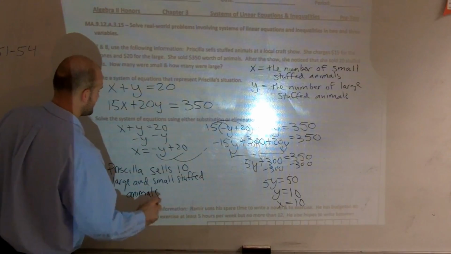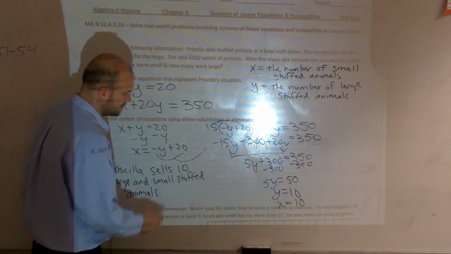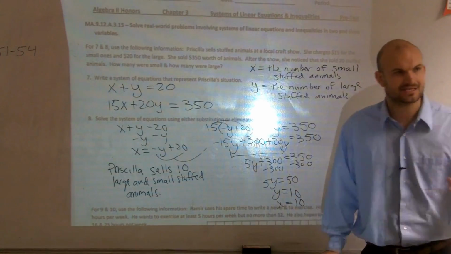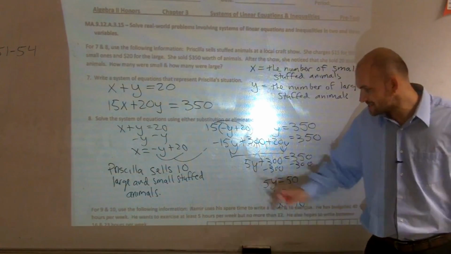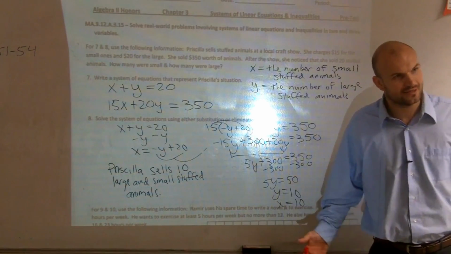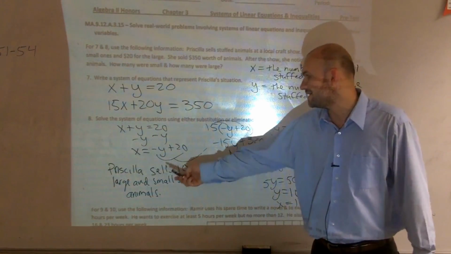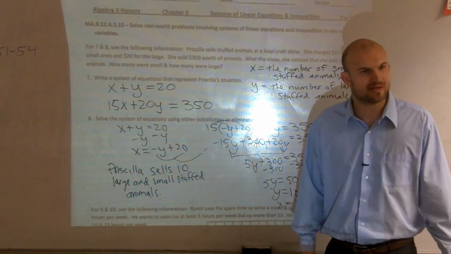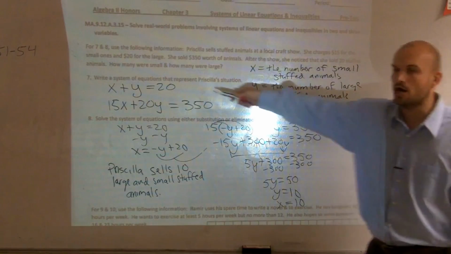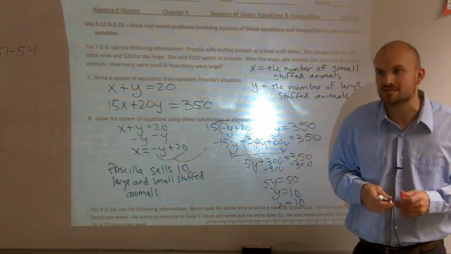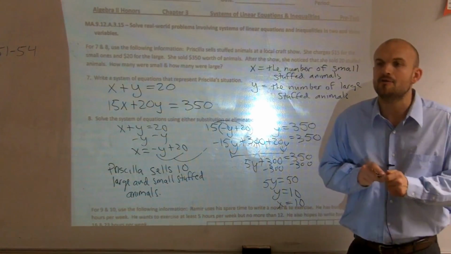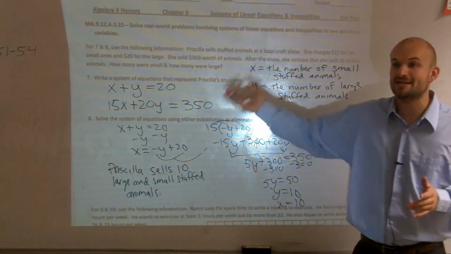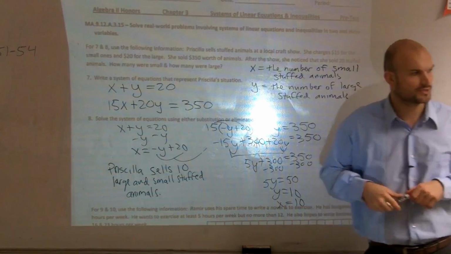The reason we put it back into a word problem is to check whether it makes sense in the context of the problem. Our answers, y and x, don't make sense on their own. But when you say she sells 10 large and 10 small stuffed animals, that makes sense in the context of your equations. And remember, you can always plug 10 in for x and y back into your equations to check your work as well.